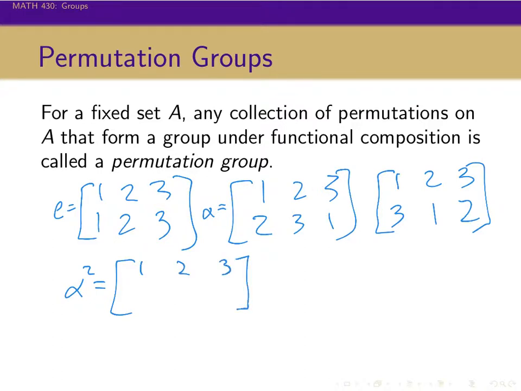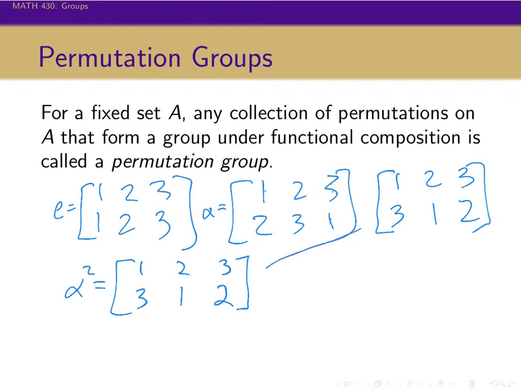Well, 1 goes to 2, and then we plug it in again, and 2 goes to 3. So 1 goes to 3. 2 goes to 3, 3 goes to 1, so 2 ends up at 1. And then lastly, 3 goes to 1, 1 goes to 2. So 3 ends up getting sent to 2.